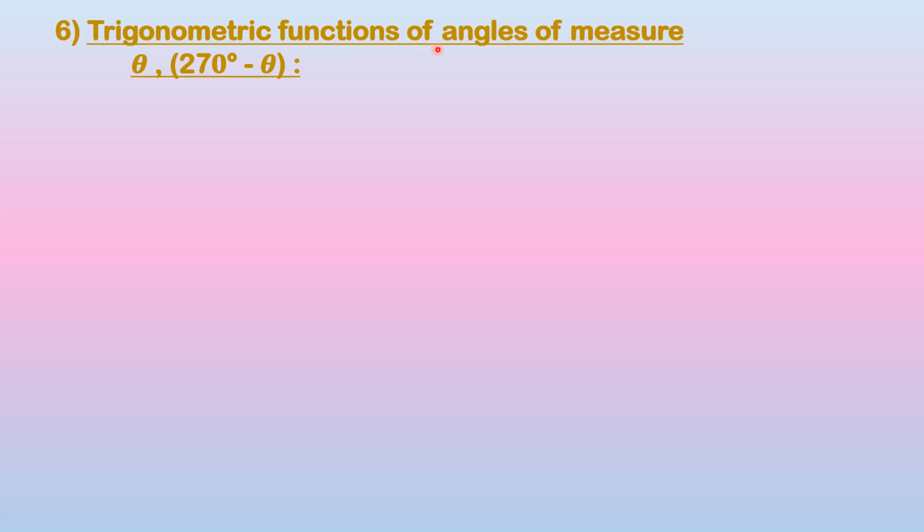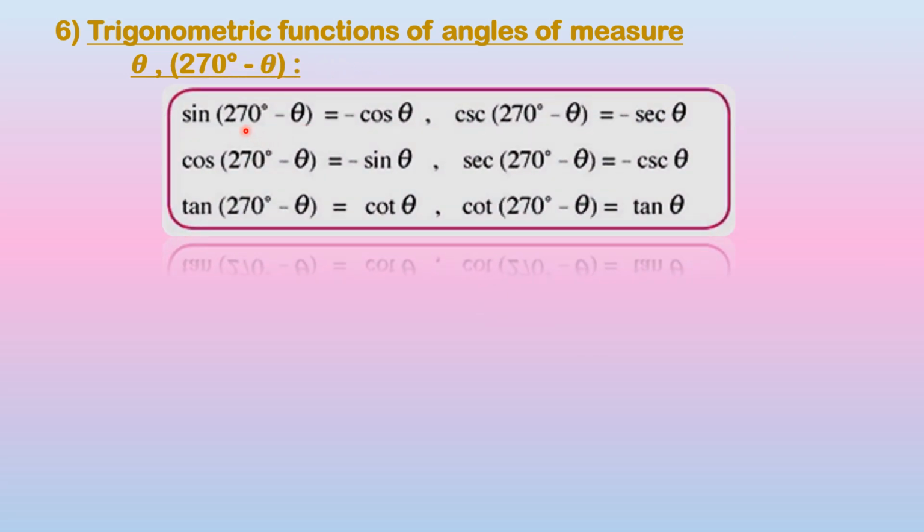Trigonometric functions of angles of measure θ and 270 minus θ. 270 minus θ is in the third quadrant. In the third quadrant, tan and cotan are positive, but cosine, sine, cosec, and sec are negative.